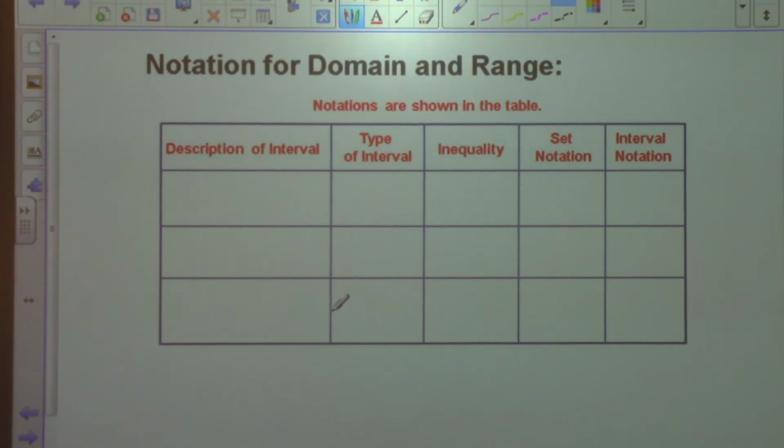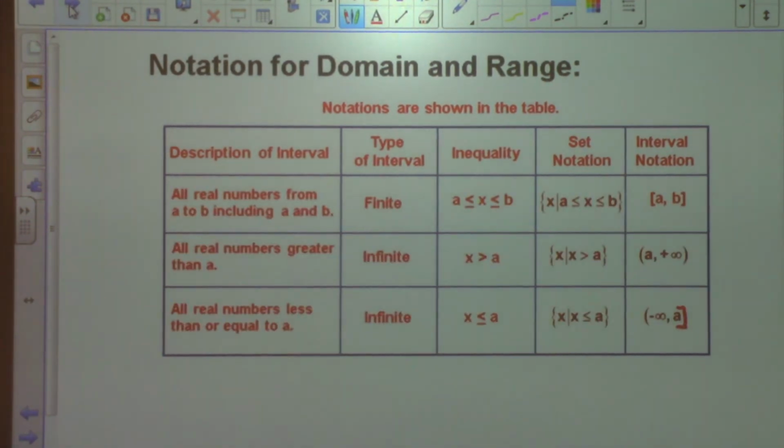Okay, now I'm going to give you some things to put in the little table here. And here they are. So I want you just to write everything in here. Just take a little time to do that.